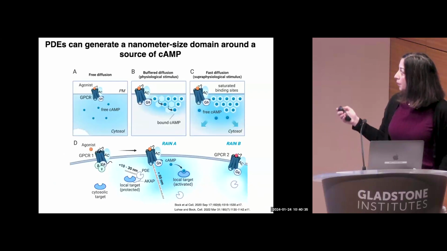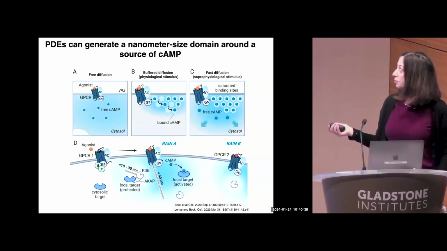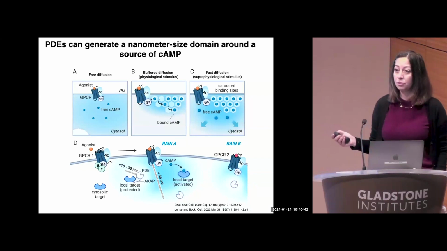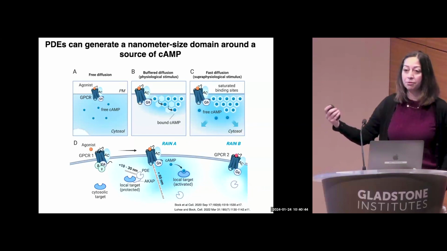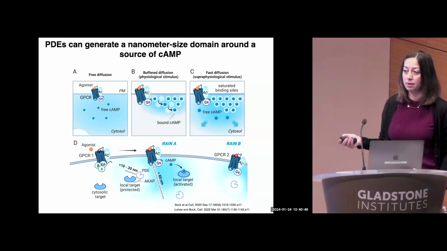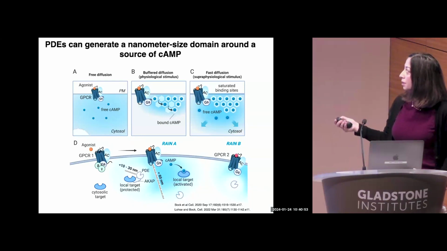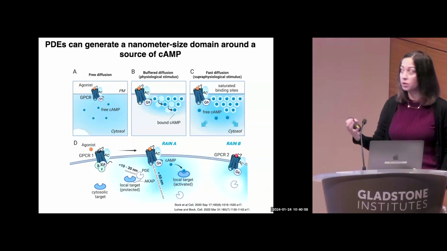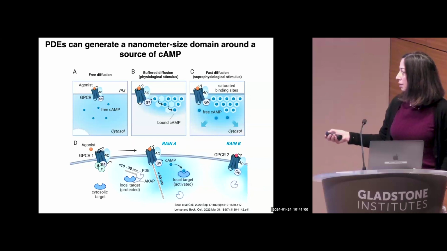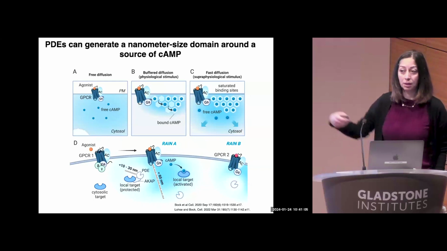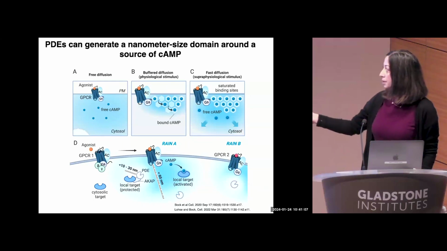So we also know through really beautiful recent studies that cyclic AMP is a second messenger, which was thought to be a freely diffusible molecule within the cell, but is not really as diffusible in cellular structures, such as in cardiac myocytes or adult cardiomyocytes. They're actually bound within the vicinity of the source of their generation. And actually, they can maybe travel as far as 60 nanometers from the source of where the cyclic AMP is generated.